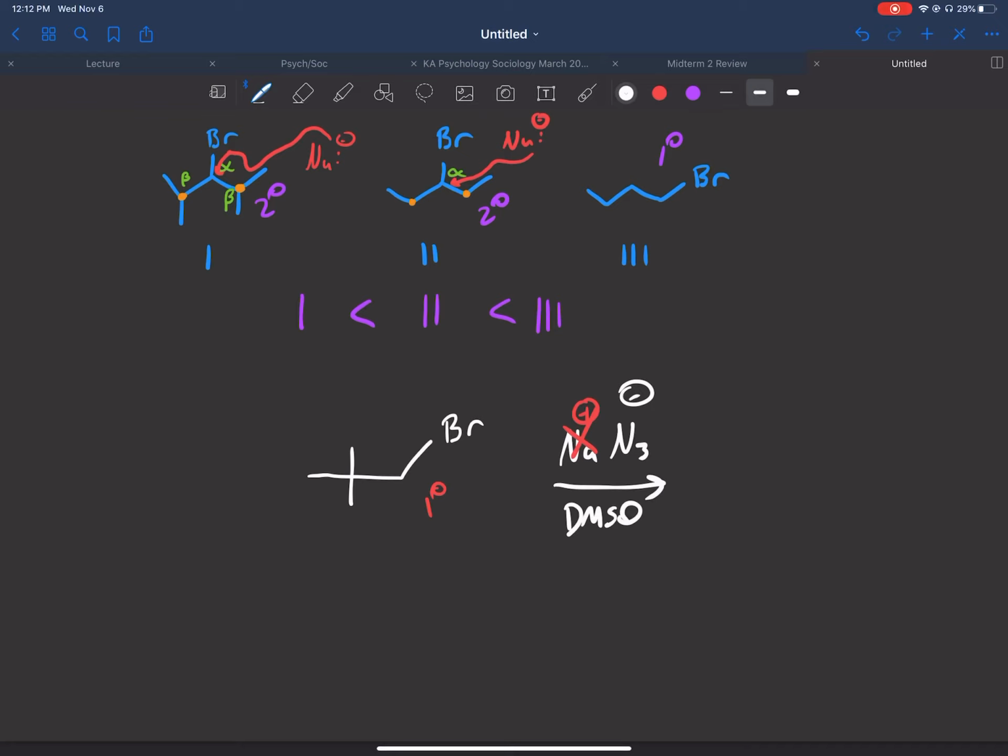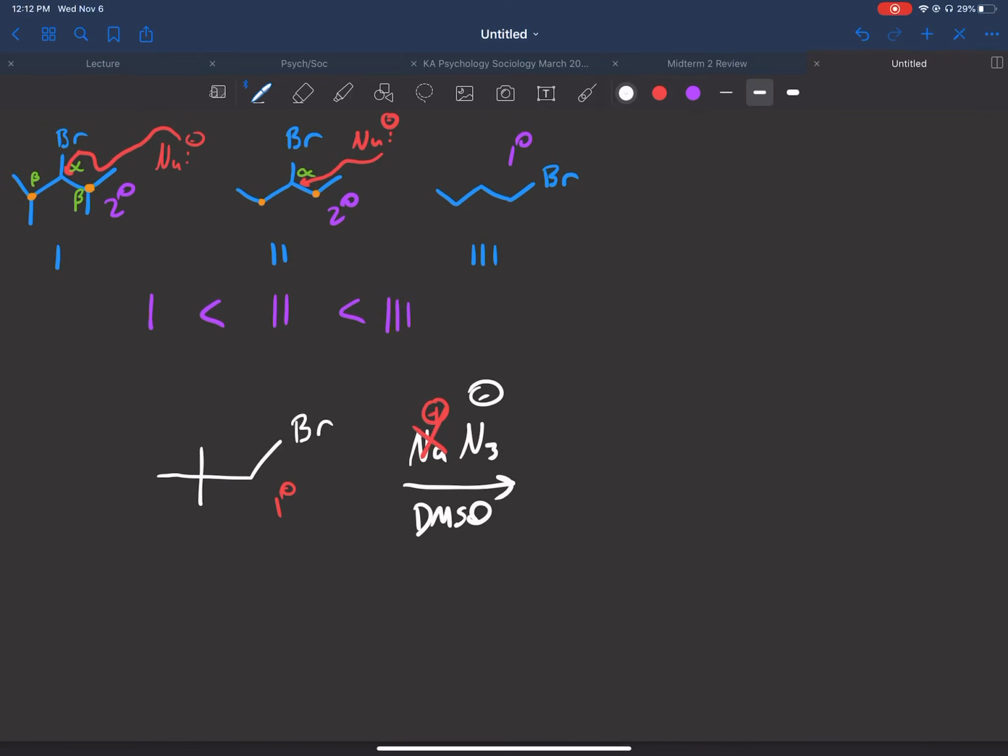Now, the only case we would get an E2 is if we had a hindered base, like tert-butoxide or LDA, but we don't have that. Okay, so SN2, right? So let's draw out our product. Right, N3. So putting that answer is a really nice wrong answer on the test. It looks nice. That's not the right answer.